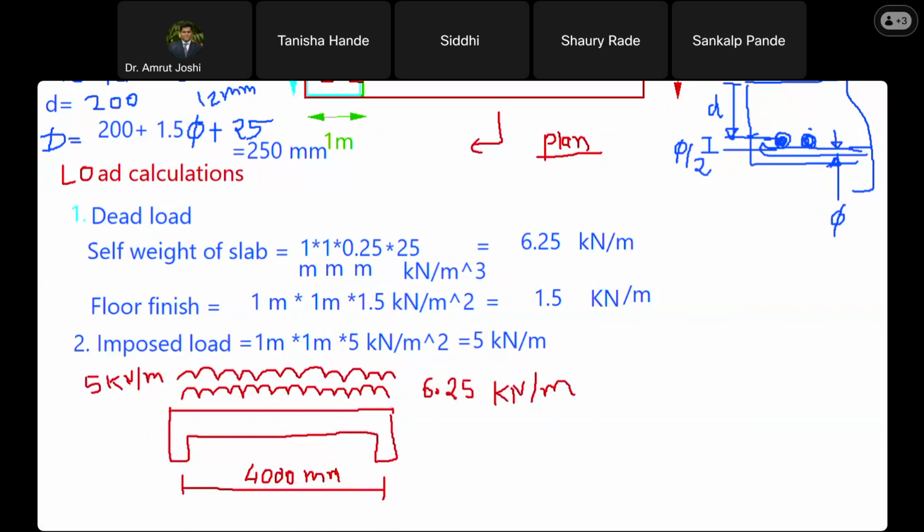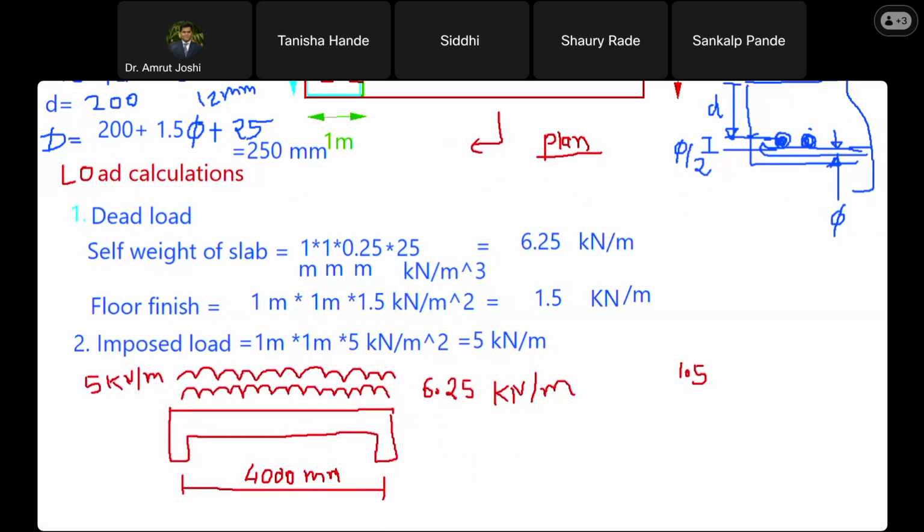So what is the total UDL, the summation of these two? However, we have not applied the partial safety factor for load here. So do we have to apply it or not? So total UDL is going to be 1.5 times (6.25 plus 5).